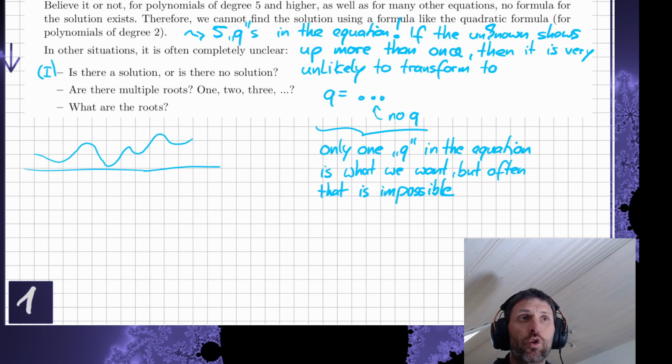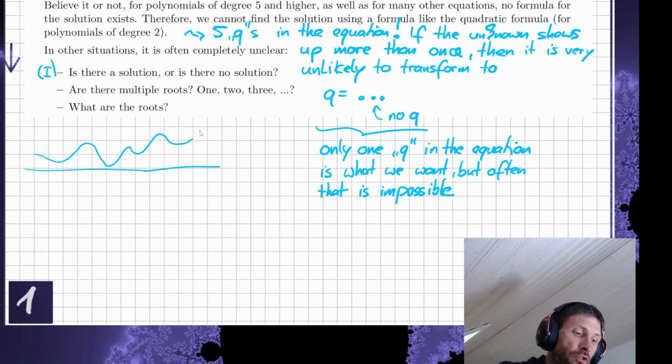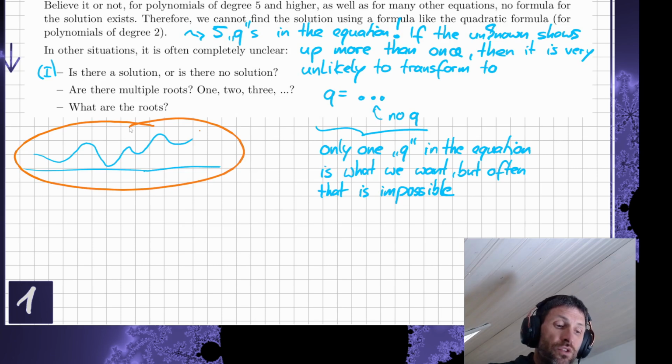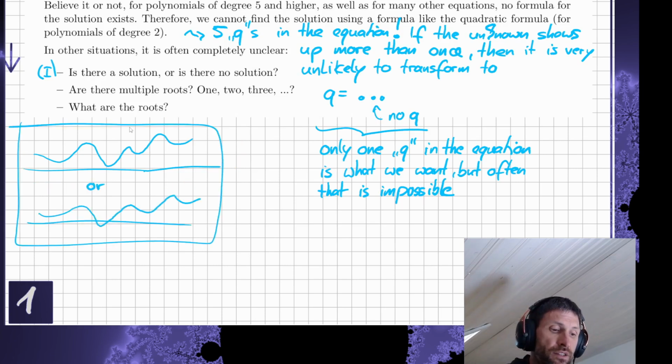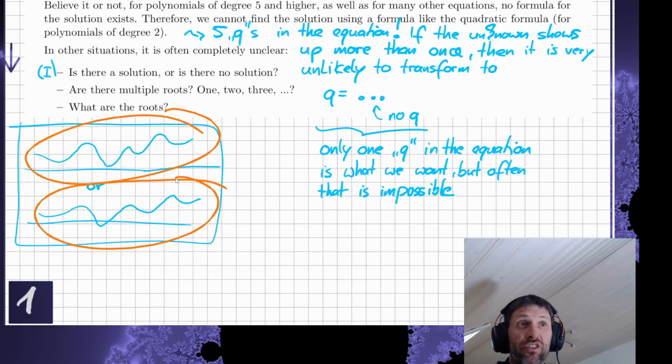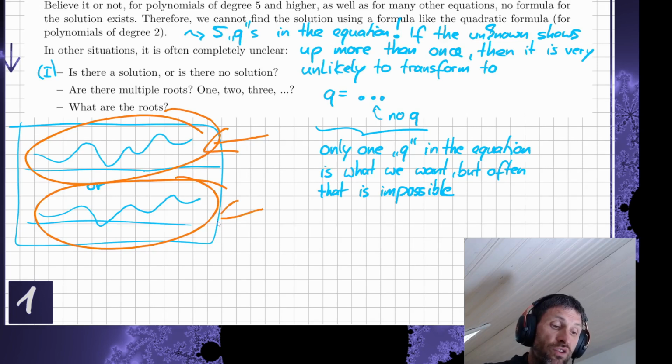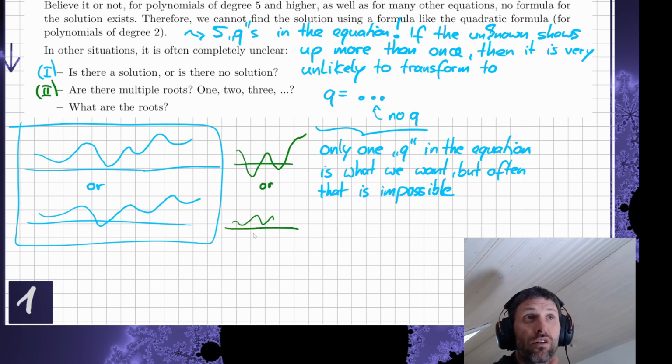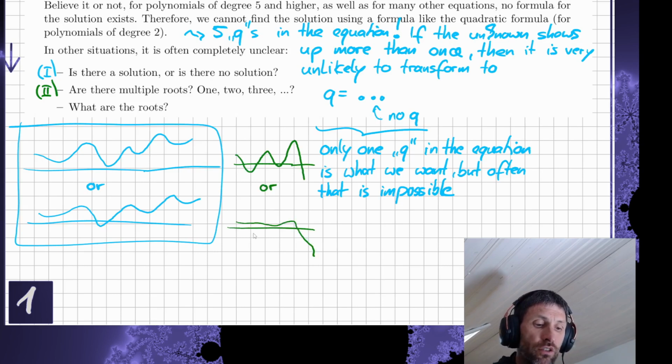So if we have an equation and we are looking for the solutions, the questions are: is there a solution or is there no solution? For this example, there is a solution, and we want to find out if this is the situation or that is the situation. Is it possible to formulate a numerical algorithm which finds out which situation we are in? We will see. Second, is there more than one root? Maybe there are several roots.